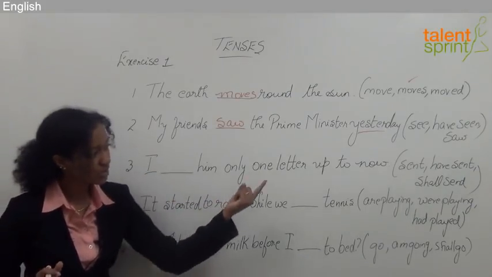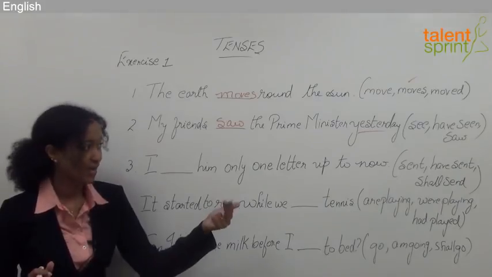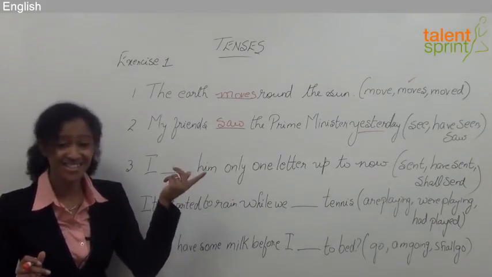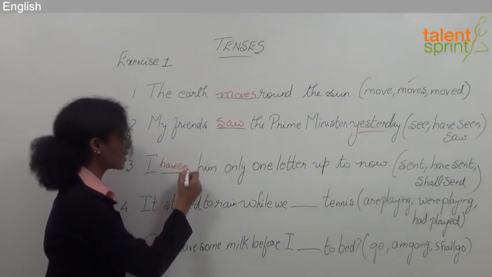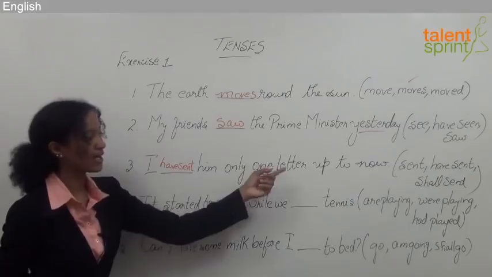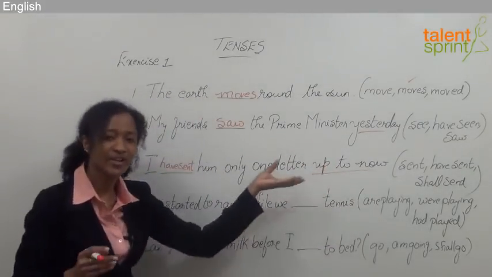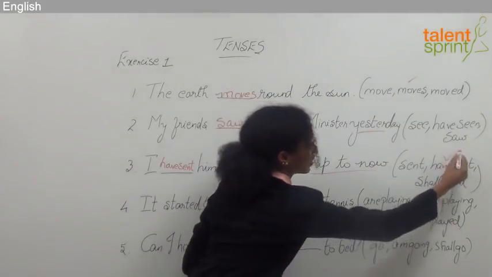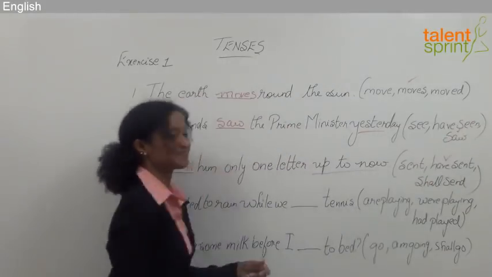So which option would be the right option? Sent, or have sent, or shall sent? The perfect tense of sent is have sent. So I have sent him only 1 letter up to now. So here, this is the phrase that is hinting me the tense. So here, have sent, and here we said it was saw, right?